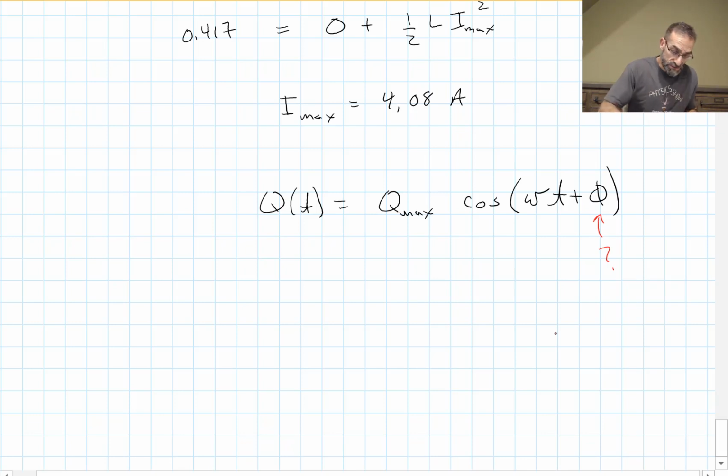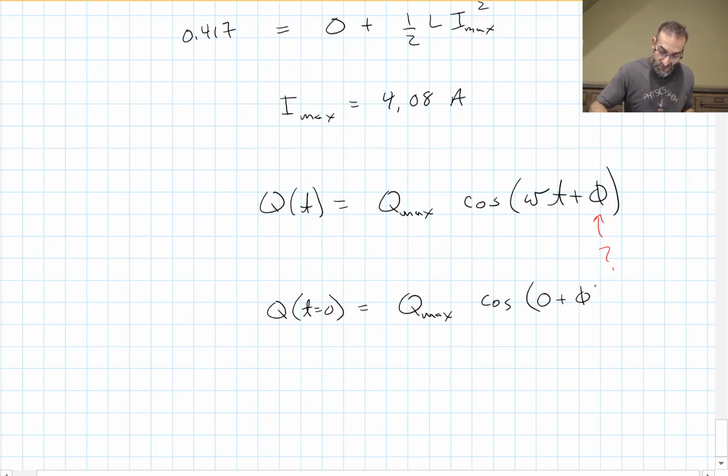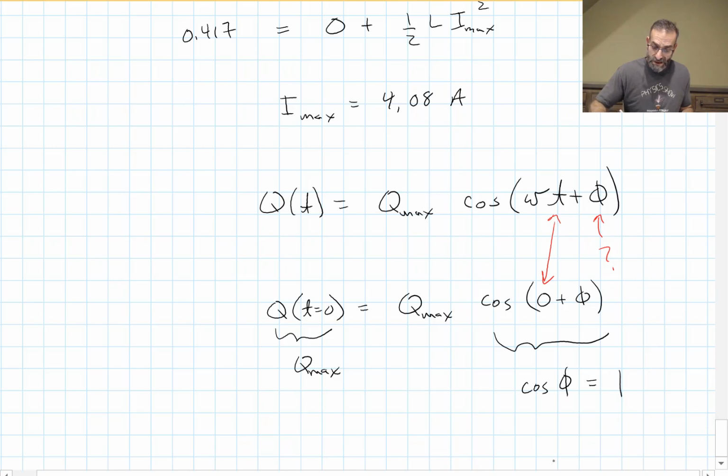We know at t equals 0, the charge is its maximum value. When t equals 0, I just plugged t equals 0 into my equation. I know this has to equal Q maximum because the capacitor is fully charged at t equals 0. That means that cosine phi has to be 1, or my phase angle has to be 0.